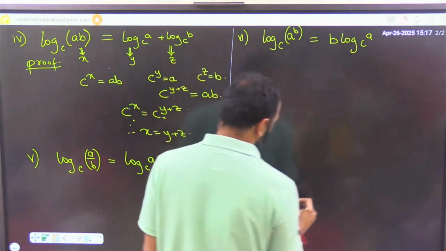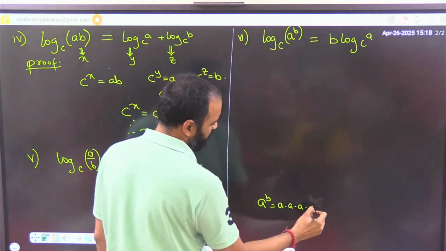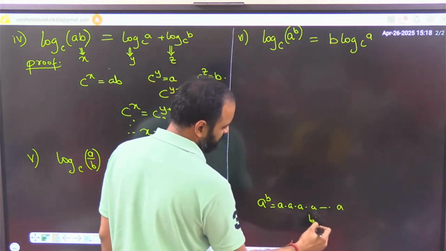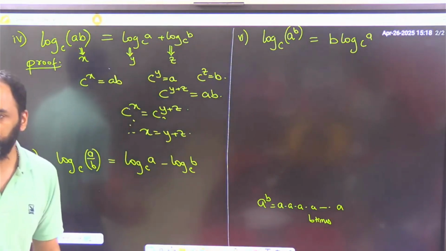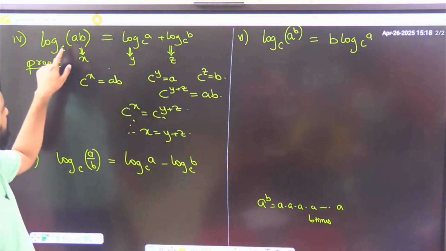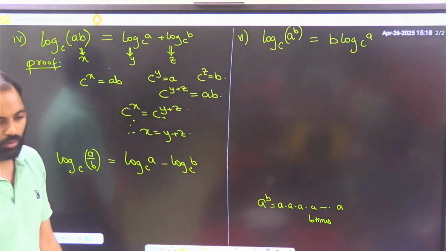That's like saying a to the power b can be written as a into a into a, written b times. But every time we have a product, what will the log convert to? The log will convert to a sum.